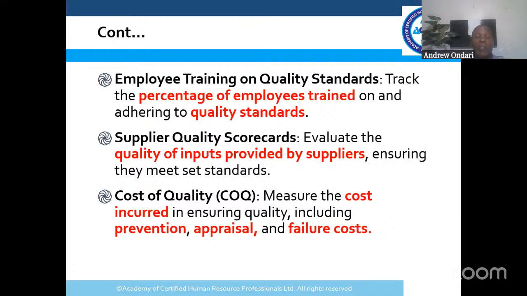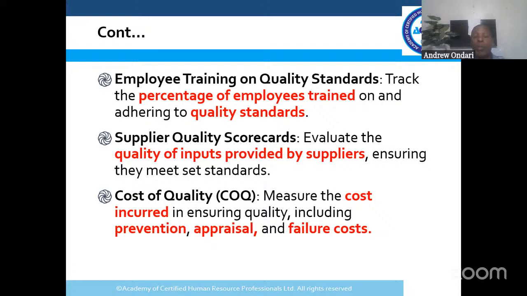So if you inject quality into your system, you expect quality output. And that takes us back even to some of the languages that we use in computing, that when you bring in garbage, you produce garbage.